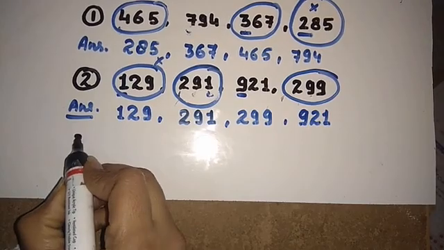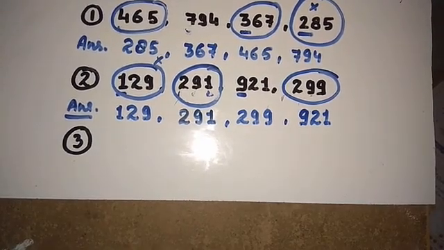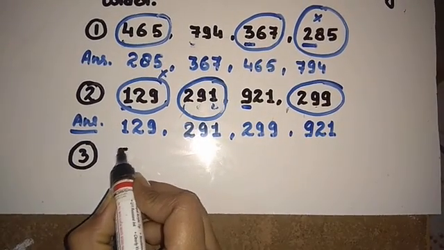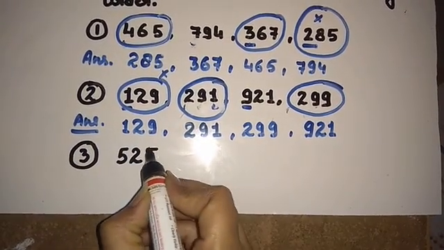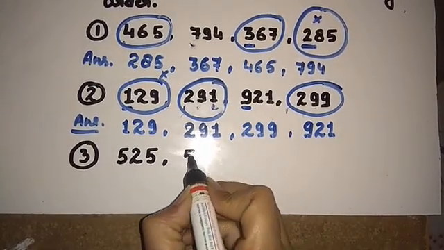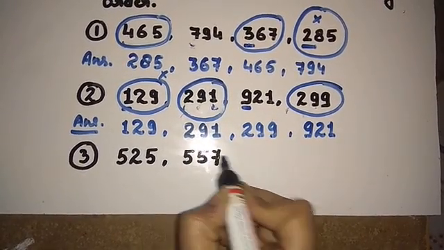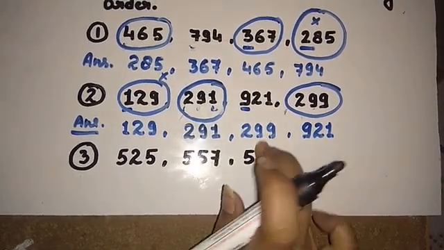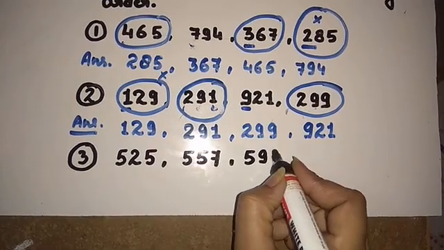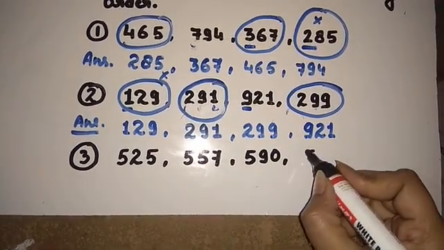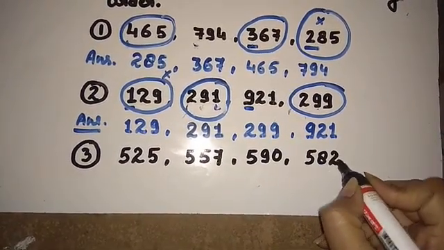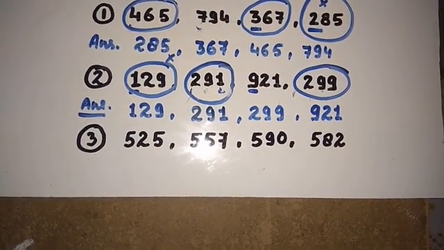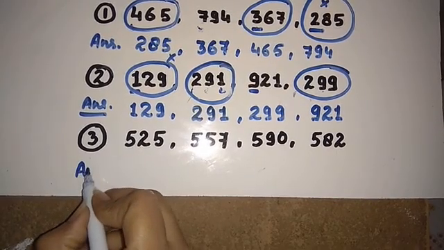Now come to the third question. 525, 557, 590 and 582. In this question also, all numbers are given in hundreds.